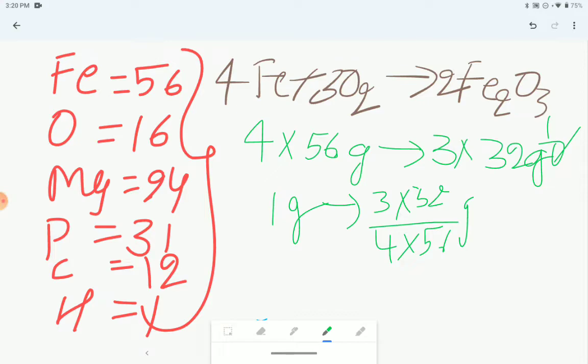Let's cancel out some of these: 4 eights 32, and 8 sevens 56. That means 3 by 7, which is approximately 0.42 grams.